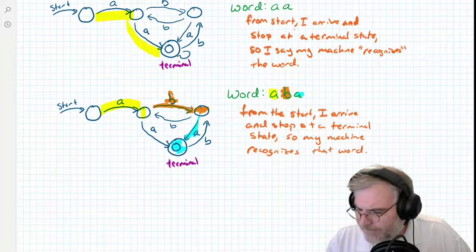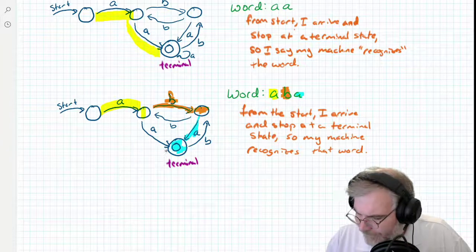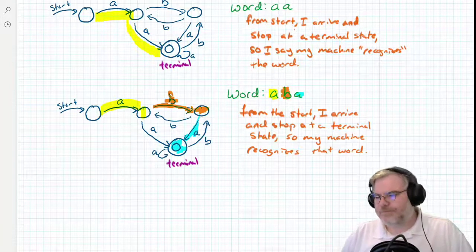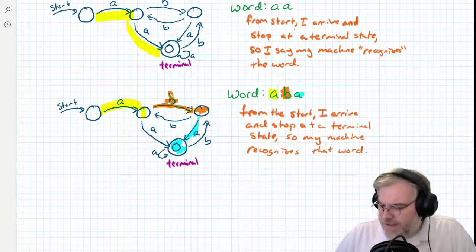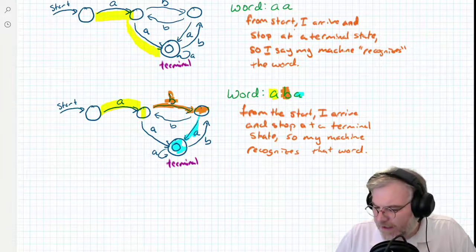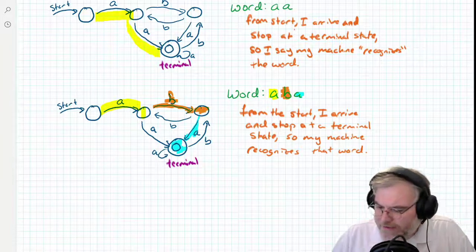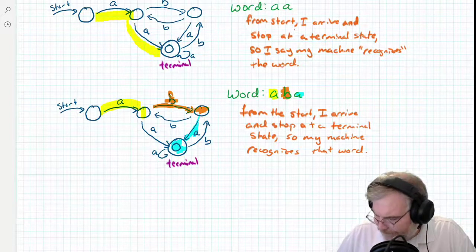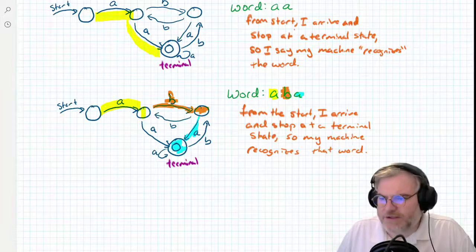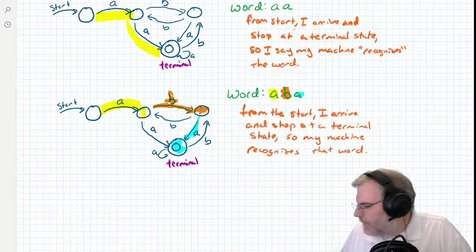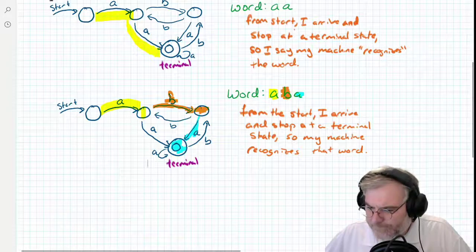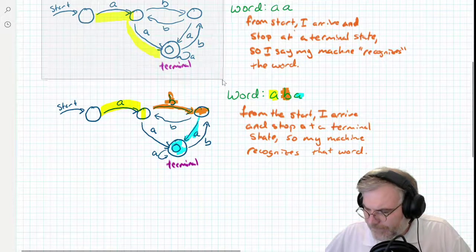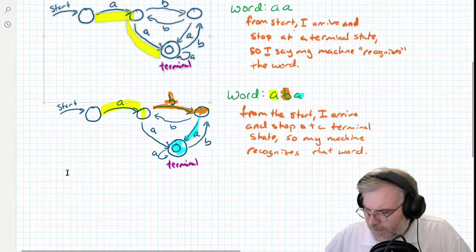So let me change the thing a little bit and allow it to recognize another A. As you can see here, when I stopped at A, I didn't have a word there. So yes, you are correct, and I didn't mean for that to be. I wanted it to recognize that word as well. Well, let's do another one.